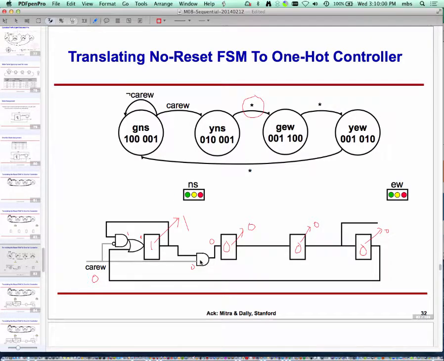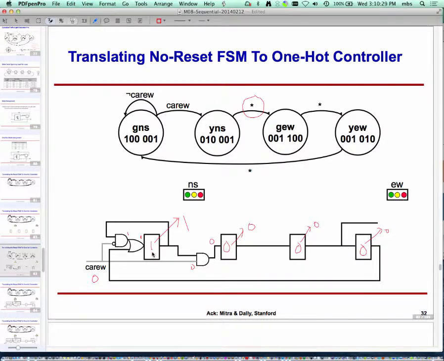So I have this AND gate, which is saying if the GNS flip-flop is high and car east-west is high, then I should get a 1 out here. Flip-flop number 3 says I should get a 1 here if the previous state was YNS. So I just have a wire coming in out here. Likewise, the fourth flip-flop says I will come to YEW if the previous state was GEW. So I have GEW coming out here.